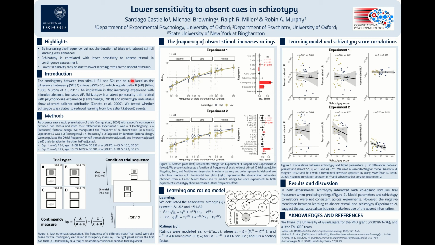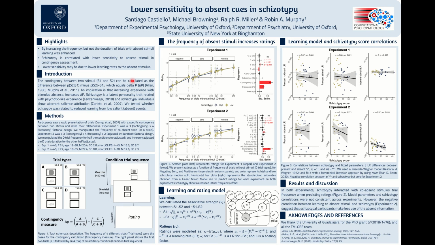So, when people judge the association between two stimuli, the mutual presence of the stimuli is important in order to assess their relatedness. But in addition to that, mutual absence of the stimuli also is informative for the overall correlation between the stimuli.